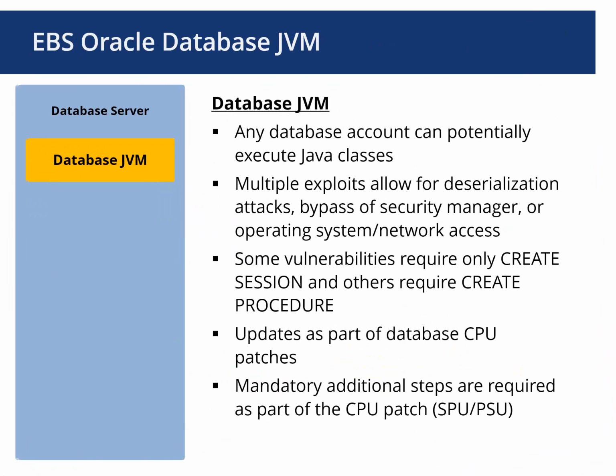Many of these vulnerabilities really require create procedure, because I have to create Java code, and I can do that with create procedure. So if someone has create procedure and also the ability to create Java packages within the JVM, they're much more vulnerable. Most people don't do that. Most people have create session, but there have been some create session vulnerabilities within this.